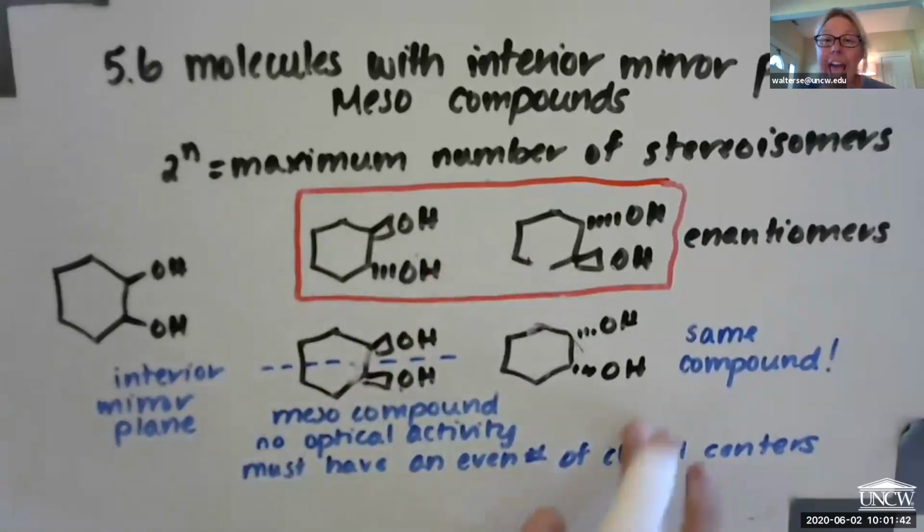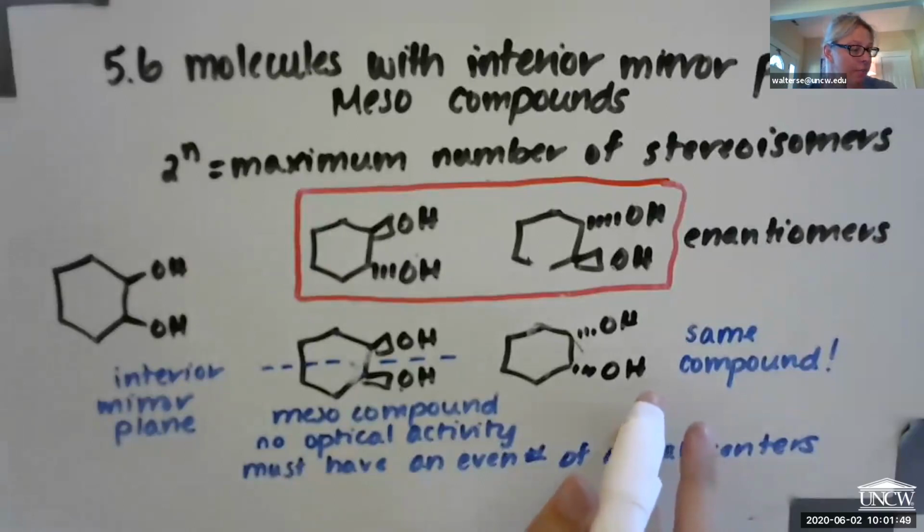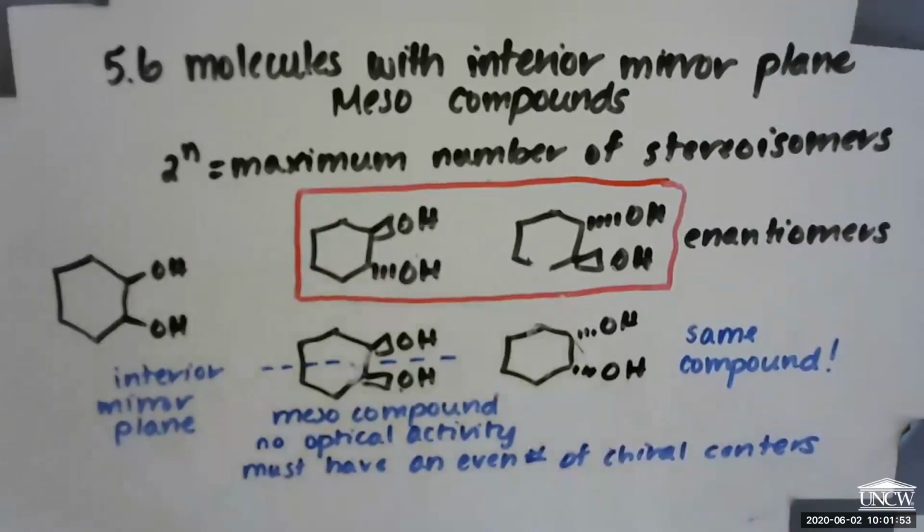If they overlap and they're superimposable, then to be a stereoisomer, you have to be non-superimposable. So if they superimpose, they're the same compound.